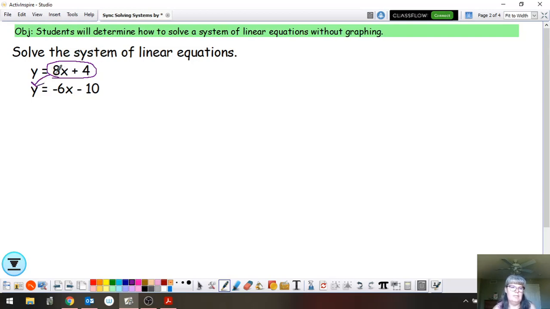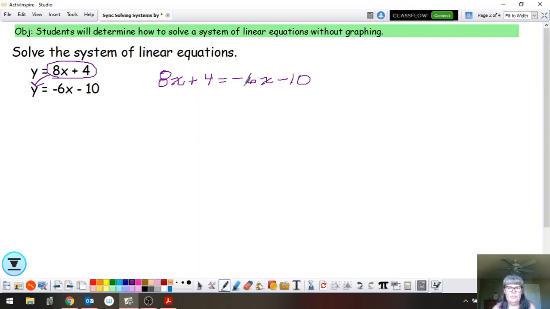So I'm taking this 8x plus 4 and I'm substituting it for the y in the second equation, because y equals that expression. So my equation that I'm going to start with is 8x plus 4 equals negative 6x minus 10.